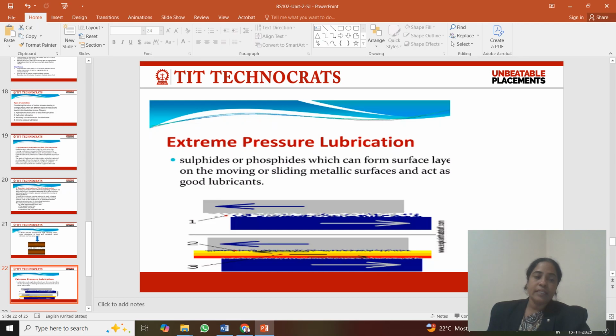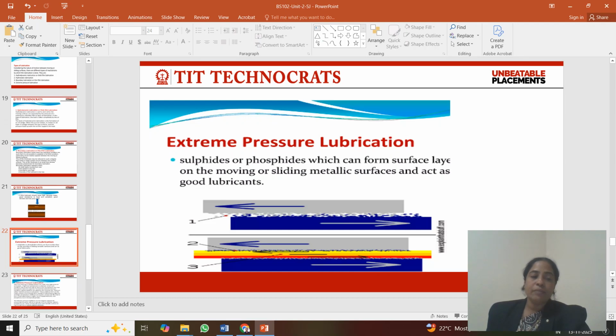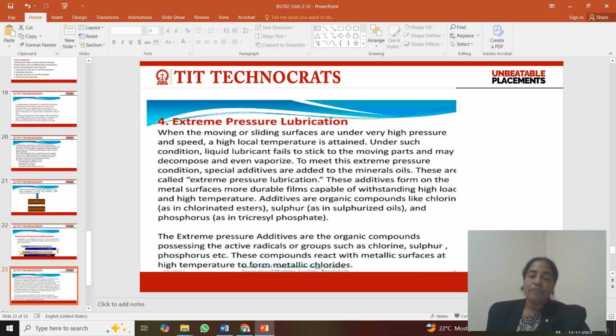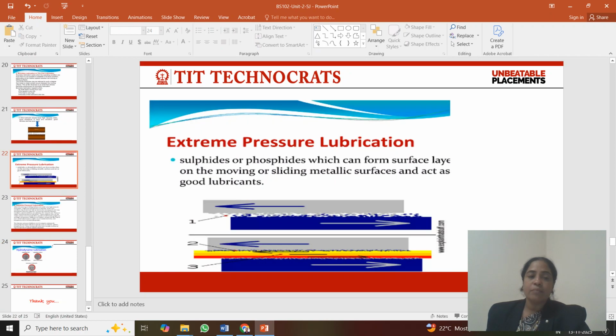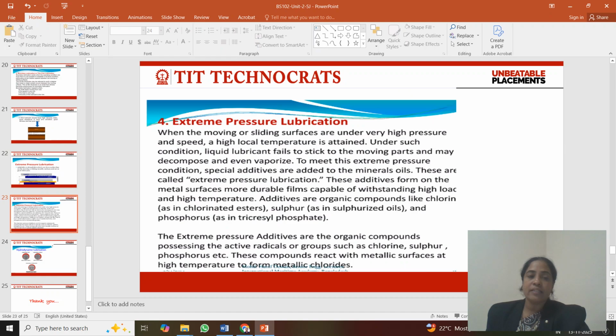As I told you, lubricants are basically classified into five categories, so synthetic and biodegradable lubricants are also important in this series. Synthetic lubricants can be used for extreme pressure lubrication.